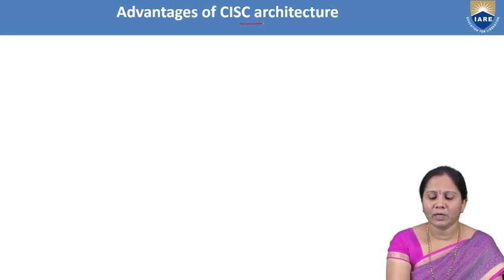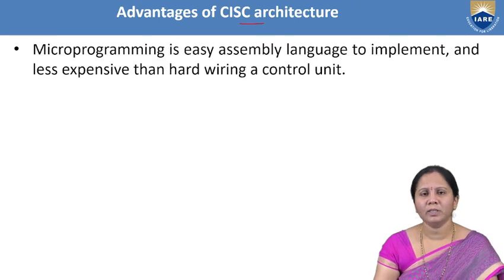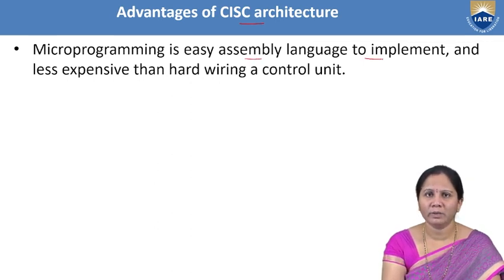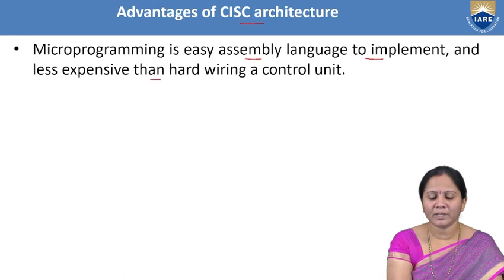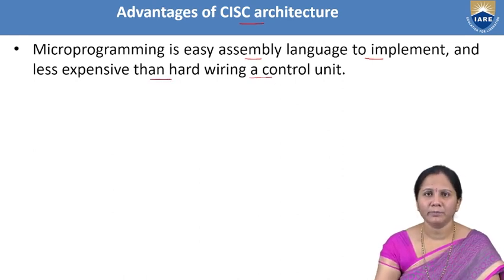Now coming to the advantages of CISC architecture. Based on the characteristics and architecture of CISC processors, the advantages of CISC are: microprogramming is easy assembly language to implement and less expensive than hardwiring a control unit.